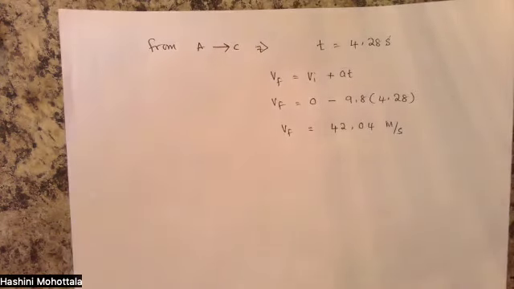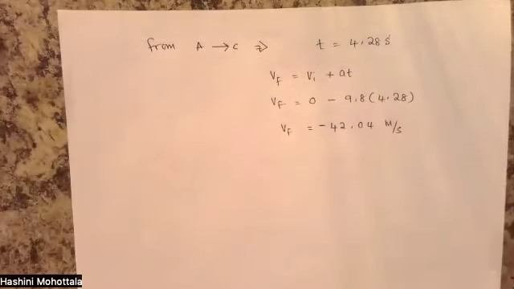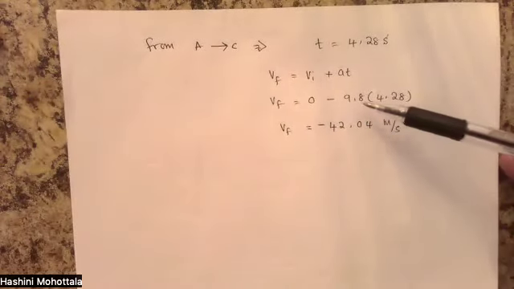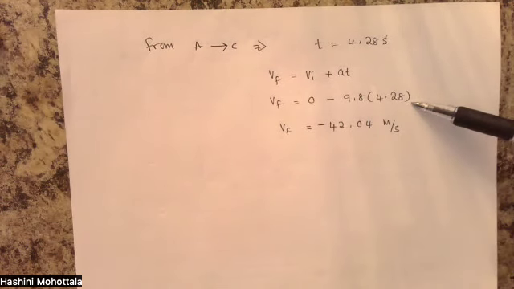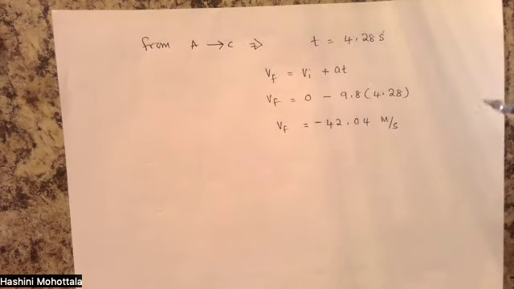Negative 41.94. Can someone tell me what you get for 9.8 times 4.28? Is that negative 41.94?